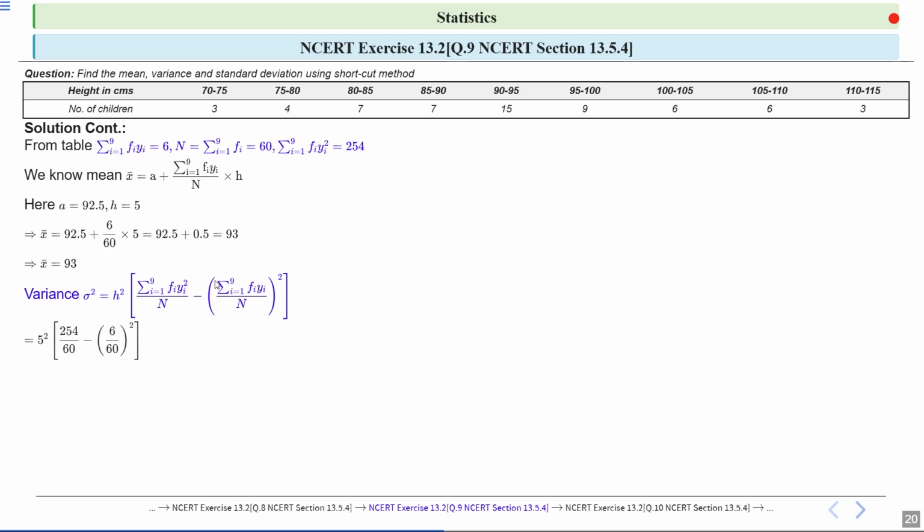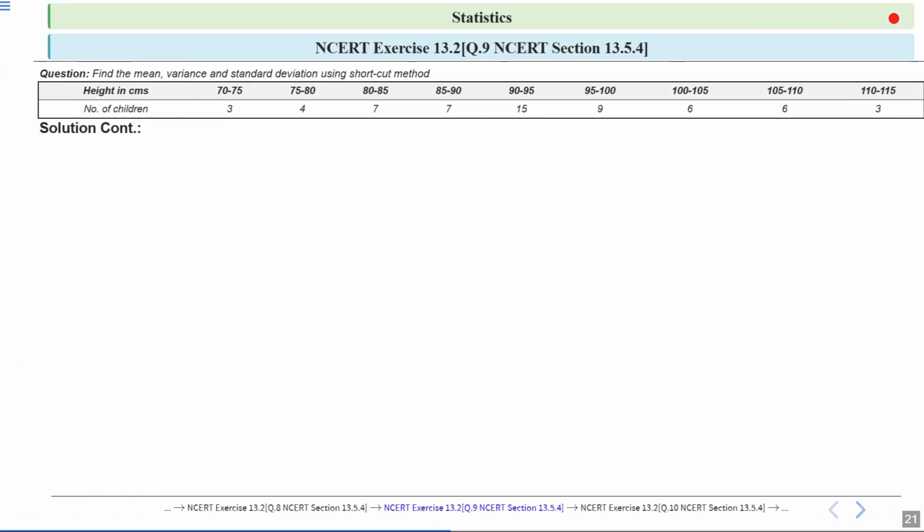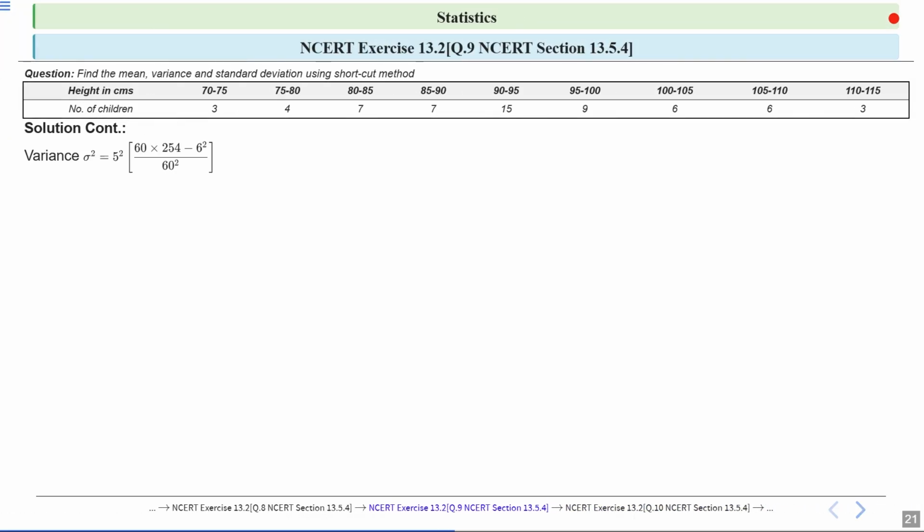Now let's substitute the values into the variance formula. So sigma squared equals 5 squared times 254 divided by 60 minus 6 by 60 whole squared. So variance sigma squared equals 5 square times 60 times 254 minus 6 square, divided by 60 square.